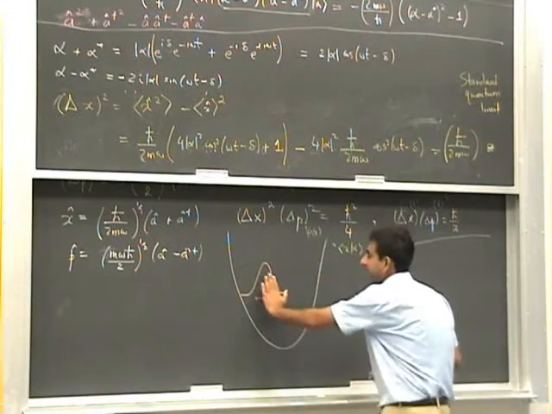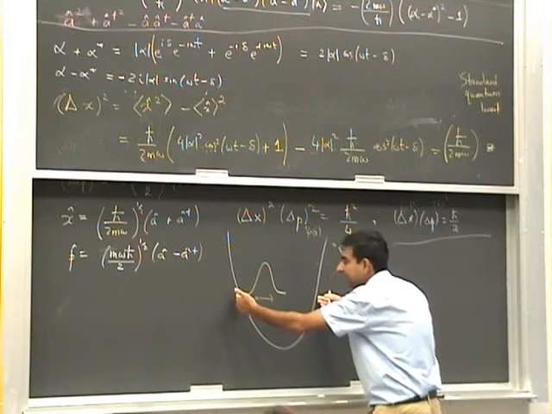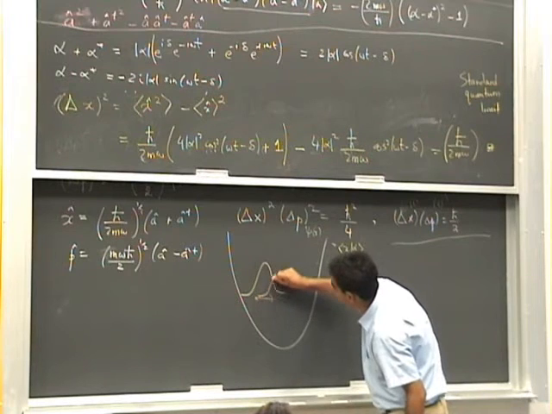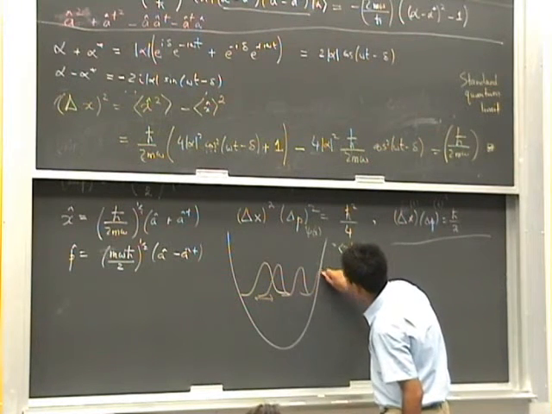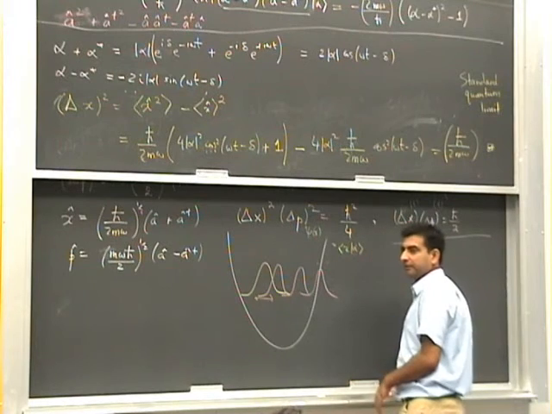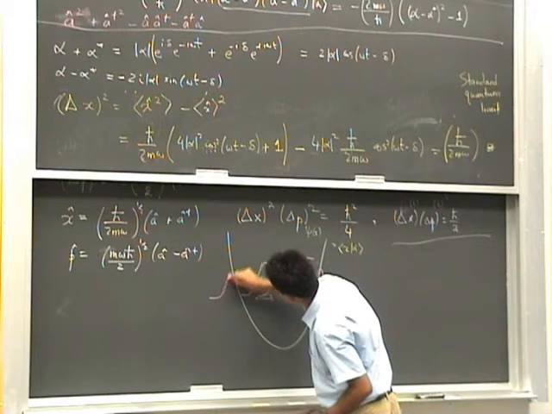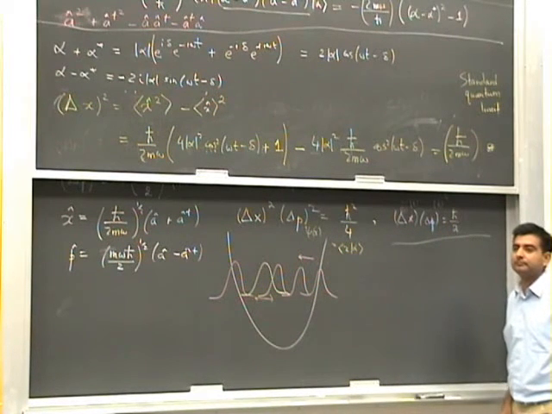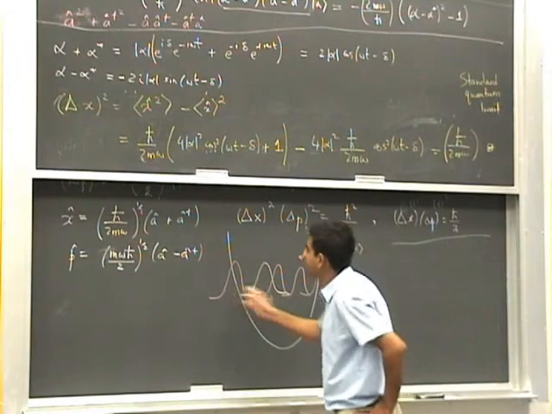So with time, this wave packet is inside the harmonic oscillator, inside a well, and it's changing its position with time. Right? And then it comes back. And you can find out the time period of its oscillation.